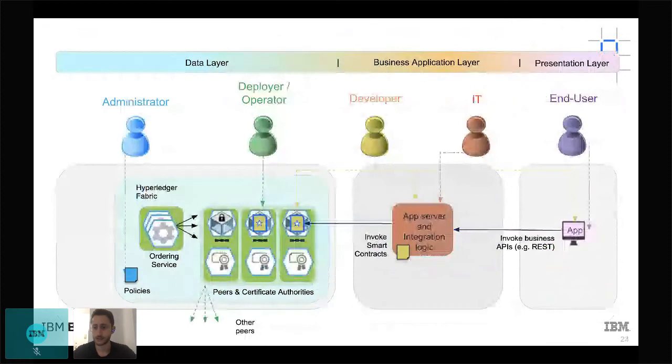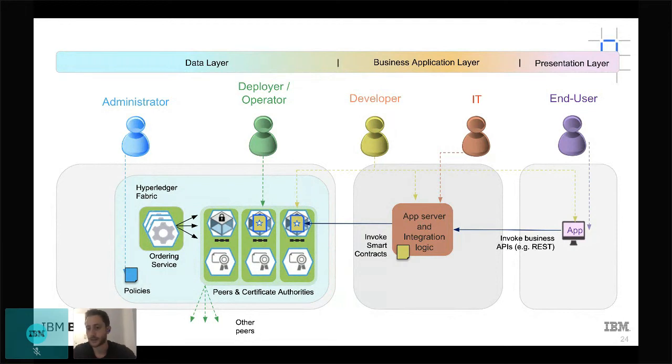Now, this is a little bit of a deeper view of what they deal with. If you look on the right-hand side, we have, again, the application, and this kind of shows what it might look like to make a transaction on a blockchain application. So an end user may push some type of transaction.